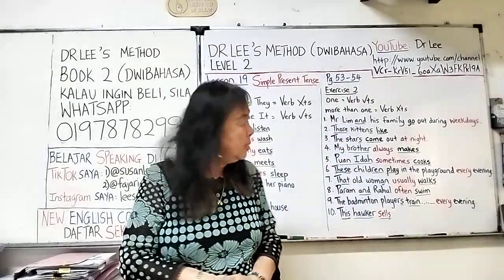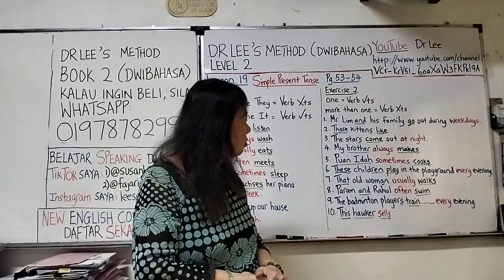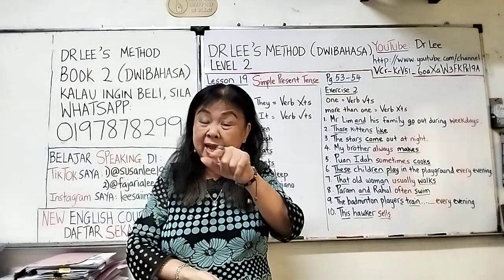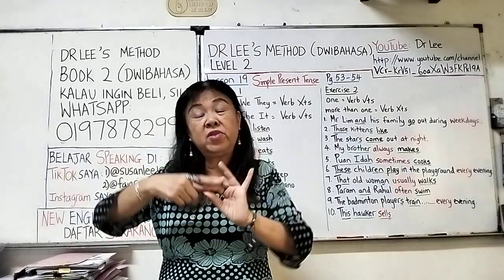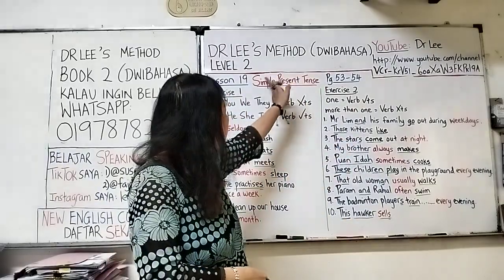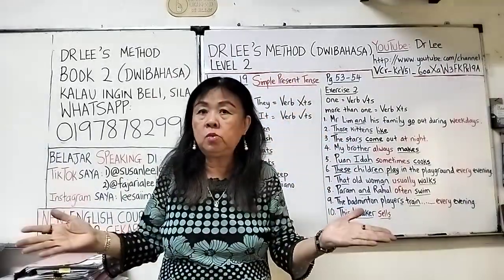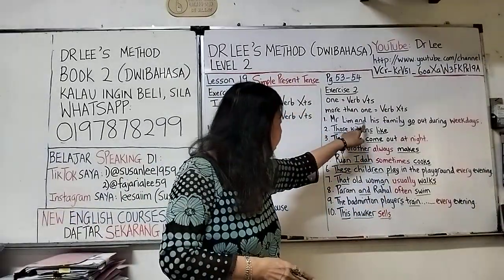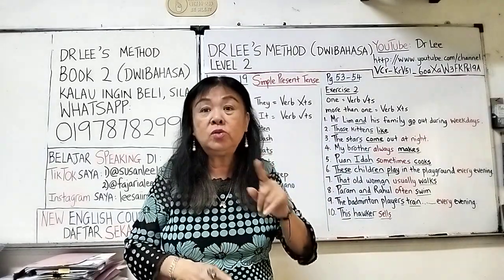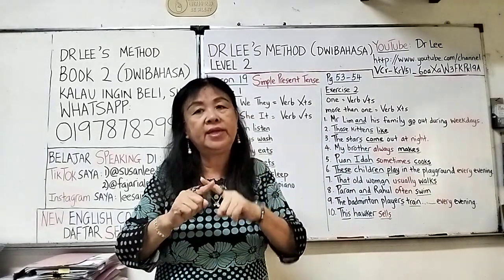Number 1, Mr. Lin and his family go out during weekdays. Weekdays, you see the s there, it means from Monday to Friday, every time. So because it's every time, we use simple present tense. What is the rule? You can see and tells us that it is more than one. So the verb cannot put s.